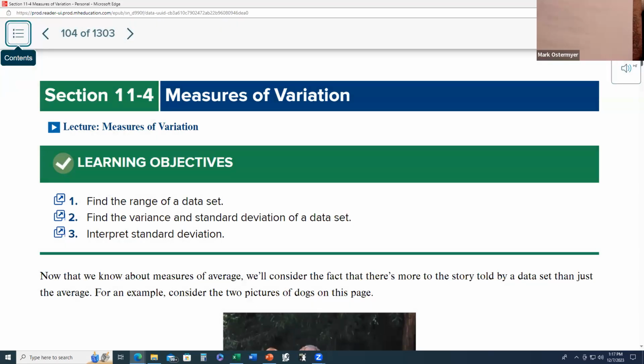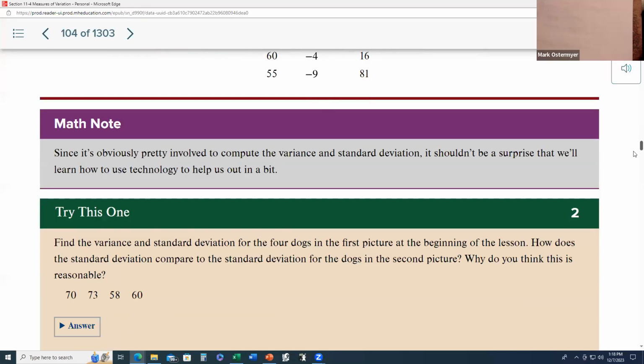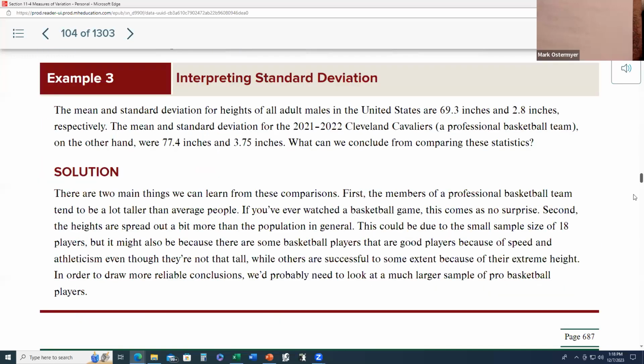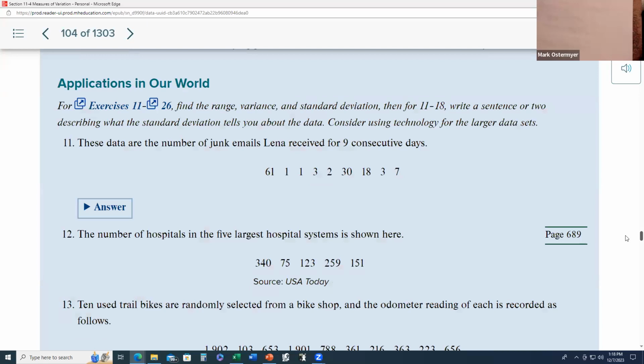And if you get a chance, you're welcome to look down through this section. There may be a couple things that are different than the PowerPoint presentation, so it's always wise to touch base there.